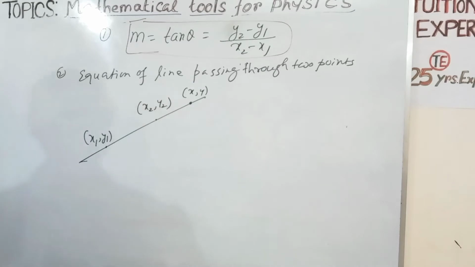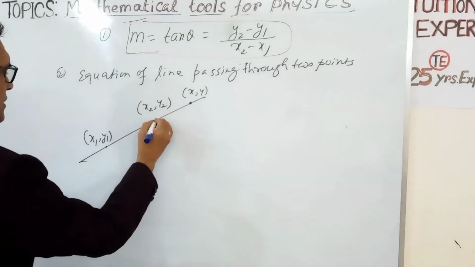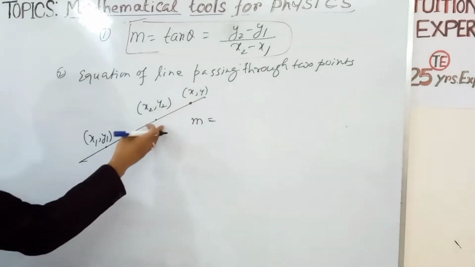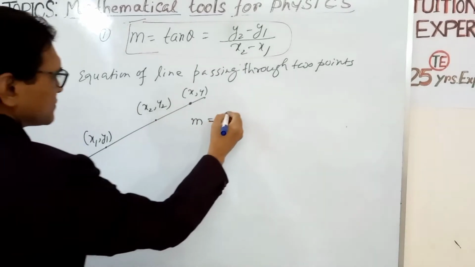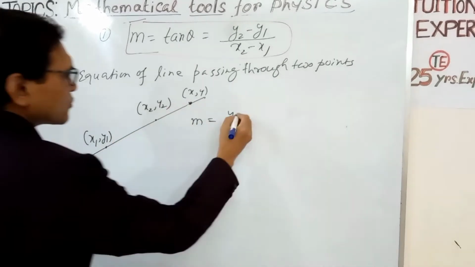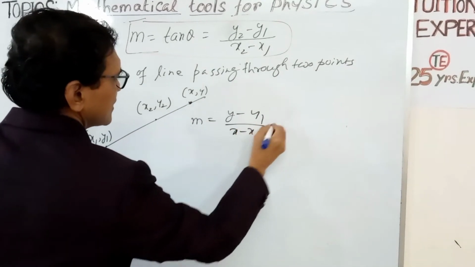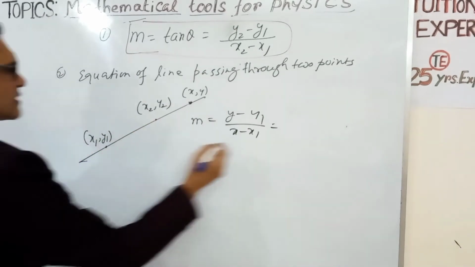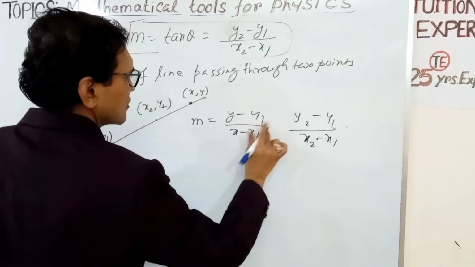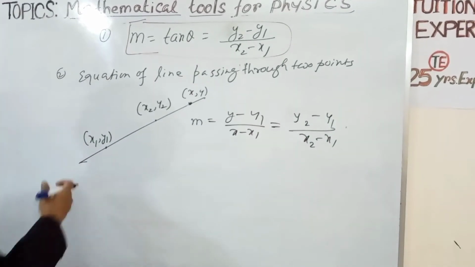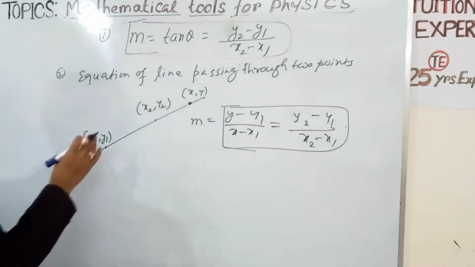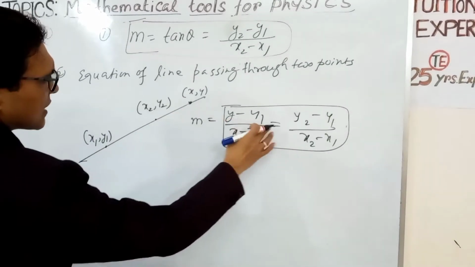So we know that for a straight line the slope will be the same. Suppose the slope between this point and this point, and the slope between this and this. So this is the equation of the straight line in which 2 points are given. So we can write the equation in this way.